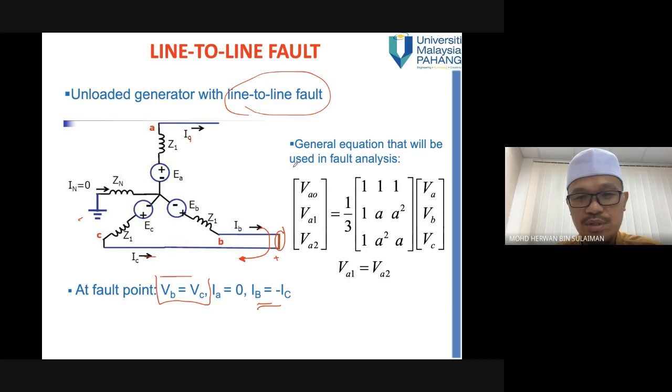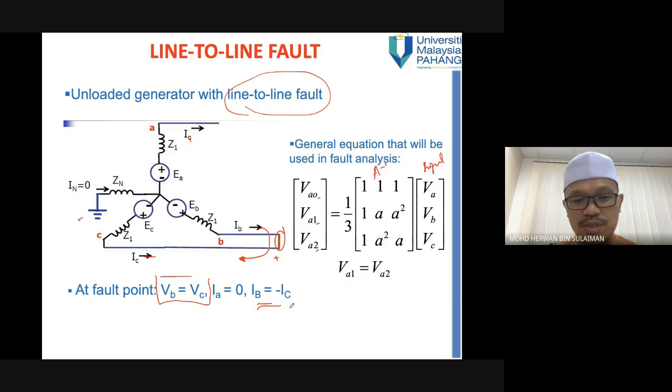So we can use the general equations that we have discussed in the fault analysis, where we want to find the symmetrical components. The symmetrical components for zero, positive and negative sequence equal 1/3 of A inverse times your unbalanced signal, because when the fault happens, it makes the signal become unbalanced.